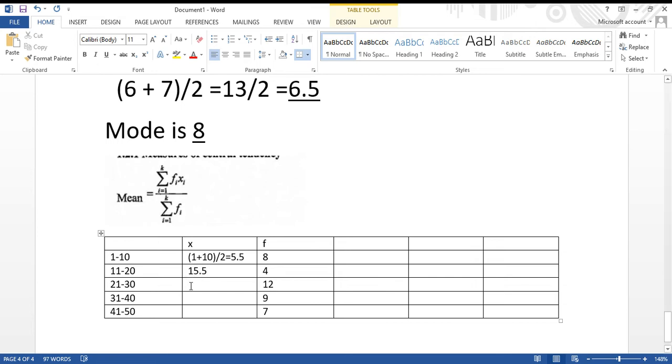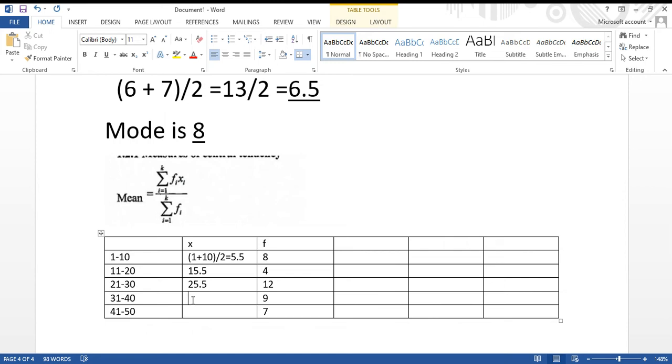The next one, 21 plus 30, we get 51. Divided by 2, we get 25.5. The next one, 31 plus 40, we get 71.